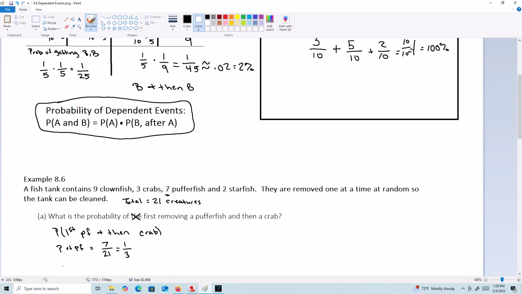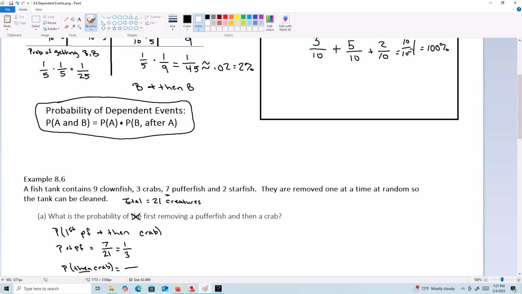All right, but now the probability of getting the crab, that second event, you have to ask yourself, well, I have just removed a pufferfish up here. If this event were to have actually happened, I would have removed a pufferfish.